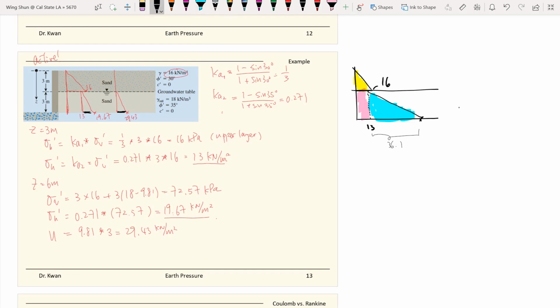So the force will be equal to, well, it is now a matter of finding the areas: 1/2 times 3 times 16, plus 3 times 13, plus 1/2 times 3 times 36.1. So those are the three areas that we talk about.